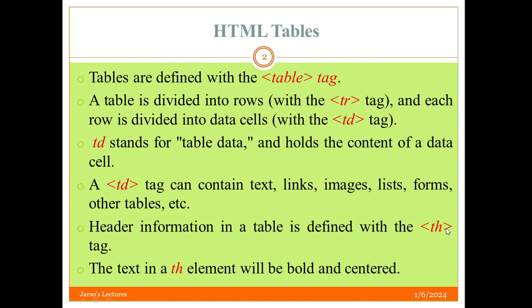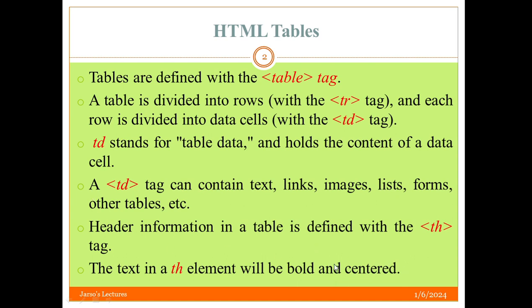Look here: the text in the th tag will be bold and, by default, aligned at the center. Both the content we put within the th tag, or table header tag, is bold and aligned at the center.